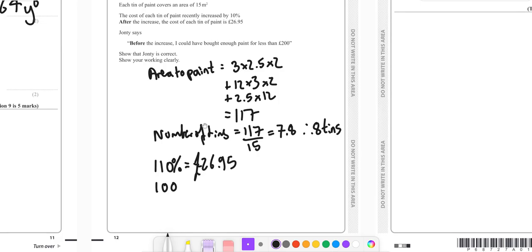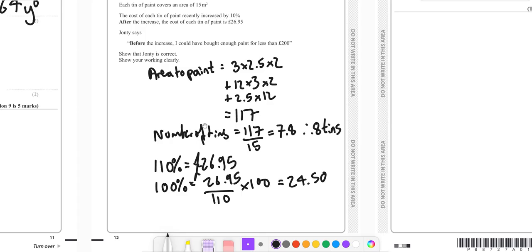Yeah, to get 100%, I need to divide by 110 and then times by 100, or divide by 1.1. So 26.95 is 24.50. You can check that that's correct by adding 10% onto it and check that you get the right answer.